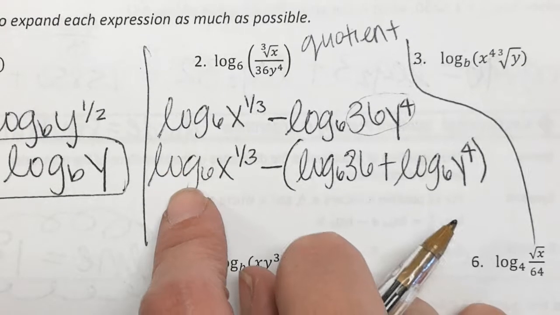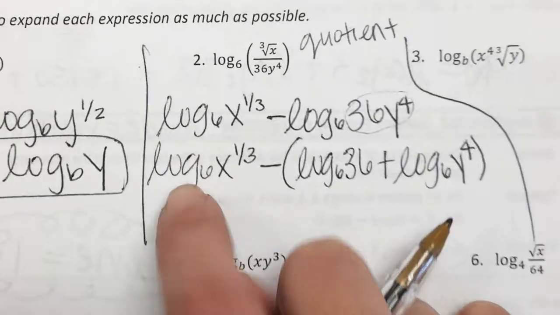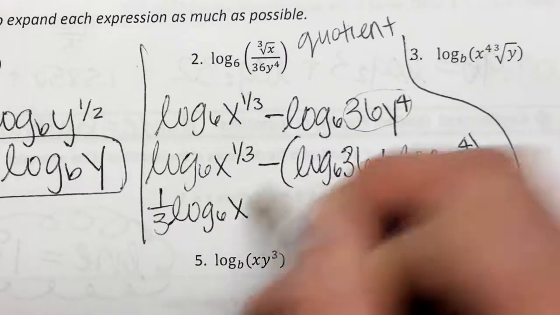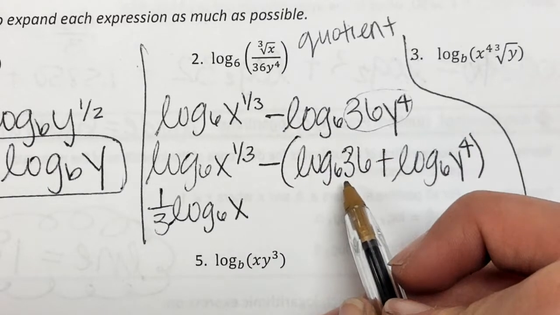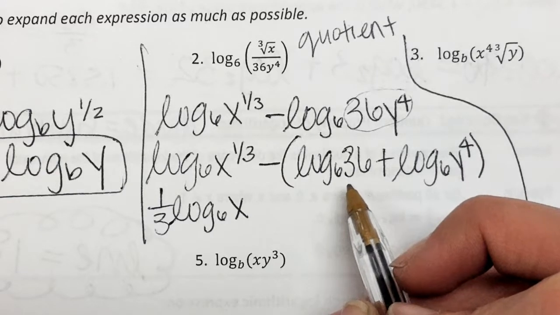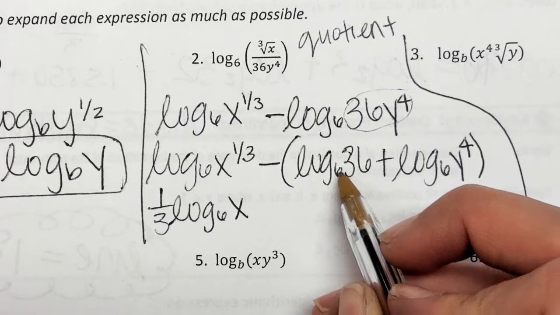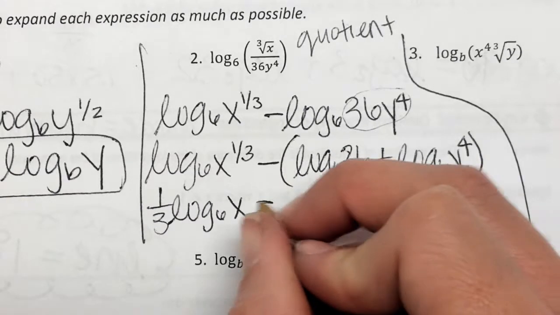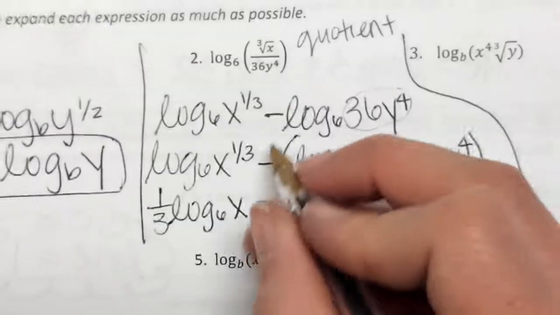What rule? Power. So it would be 1/3 log 6 of x. What about this one? Oh, it'd be 6 to the 2. Everybody see that? How'd we get 2? Because 6 what? Squared is 36. So it'd be minus 2. Why is it minus? Because I have to distribute that negative.